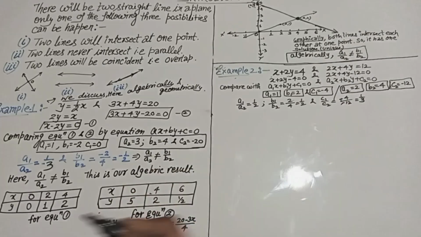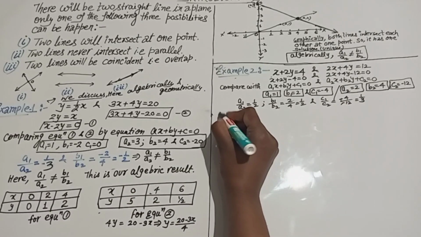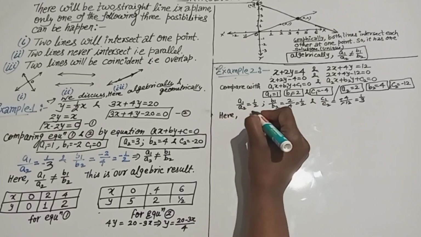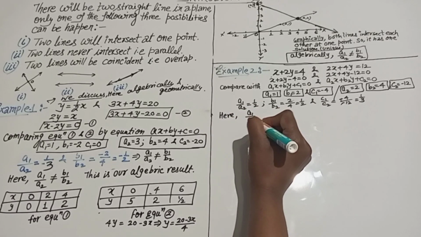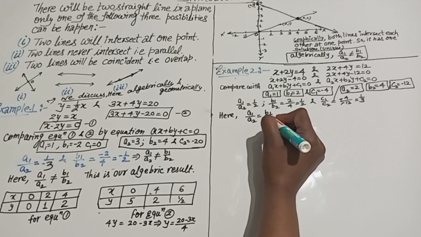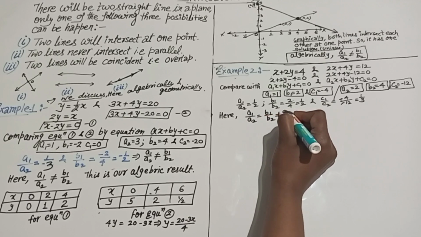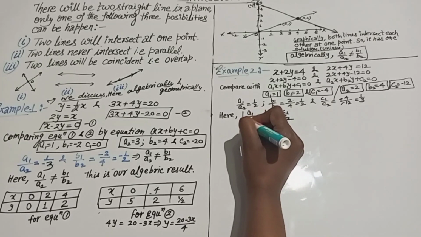So what we have observed algebraically, here a1 upon a2 is equal to b1 upon b2 is not equal to c1 upon c2.